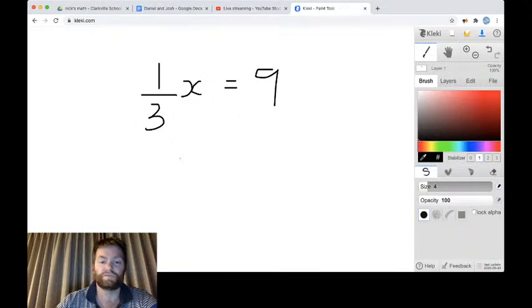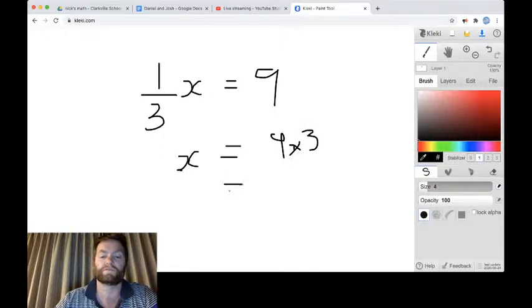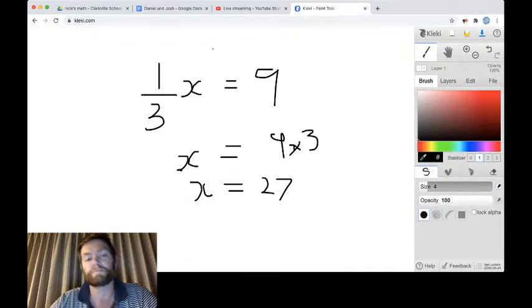So if it's 1/3 x on one side, x equals 9 times 3. It's multiplying on the other side, which equals 27. X equals 27.